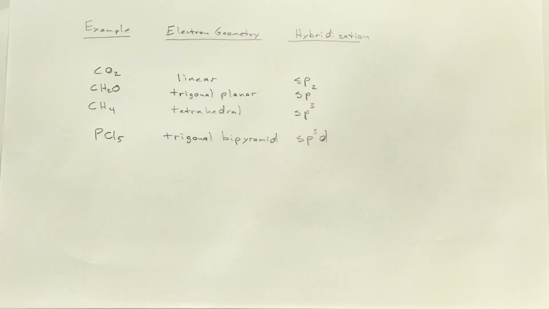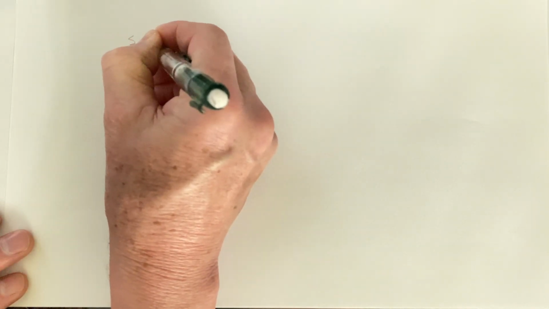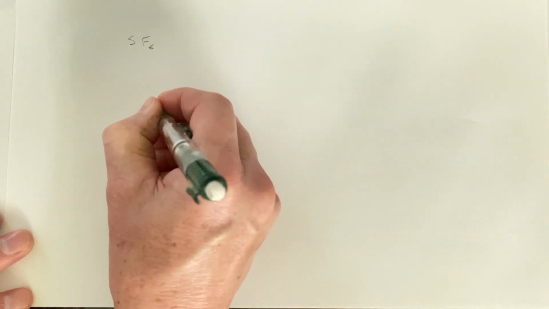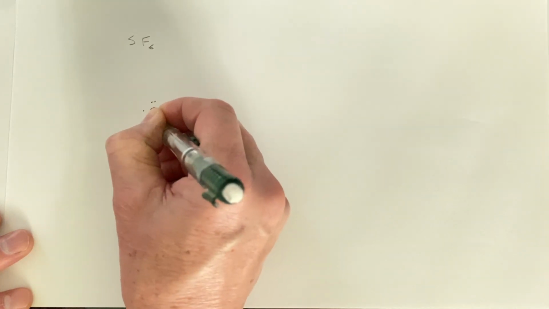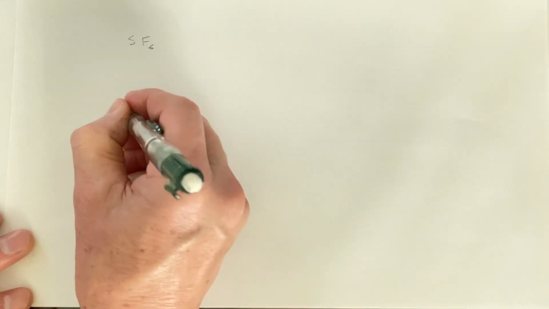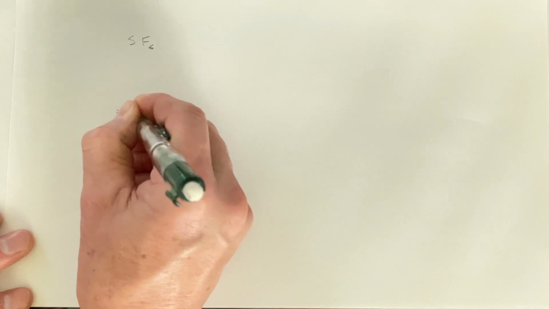Let's look at another example. We shall consider SF6, sulfur hexafluoride. We'll draw our sulfur atom with its 6 valence electrons. We'll bring in our fluorine atoms.